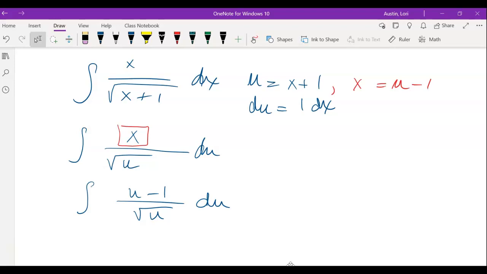You can? Which will come in handy at some point. So he goes, all right, u minus 1. But I still have a lot of integration. You have a common denominator. Can I break up my numerator into two fractions?